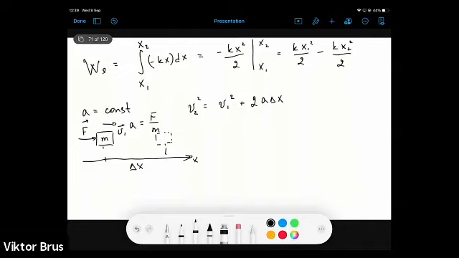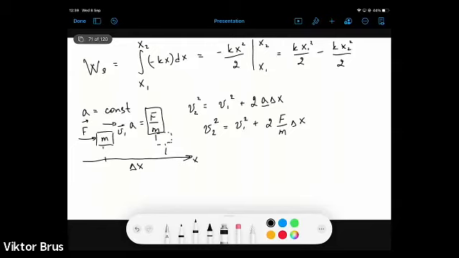So now we can substitute instead of a this expression with force and mass. So it will be v2 squared is equal to v1 squared plus 2 times F divided by m times delta x.